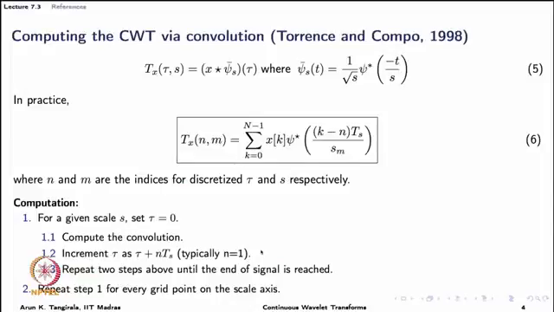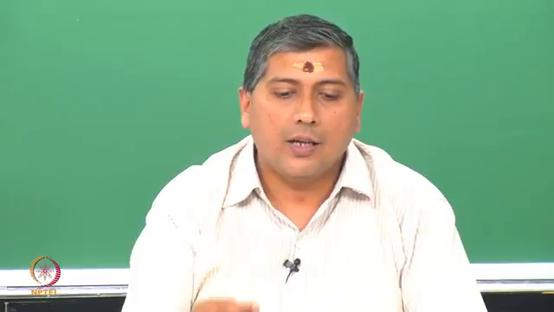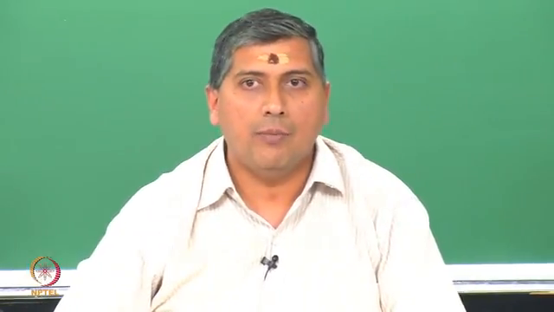In discrete wavelet transform, for example, the marching in tau is not done this way; the marching in tau depends on the width of the wavelet at that scale. If you have a wider wavelet, you will have fewer points on the time axis to march. If you have a narrower wavelet, you will have a finer grid.